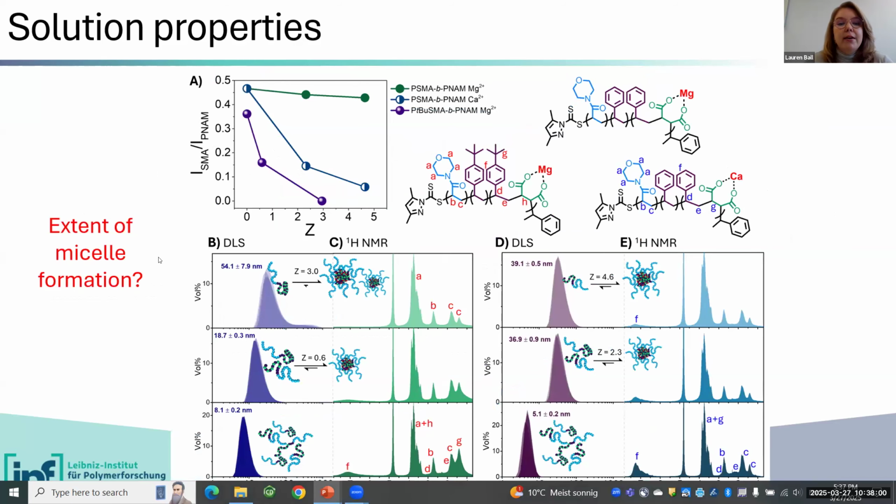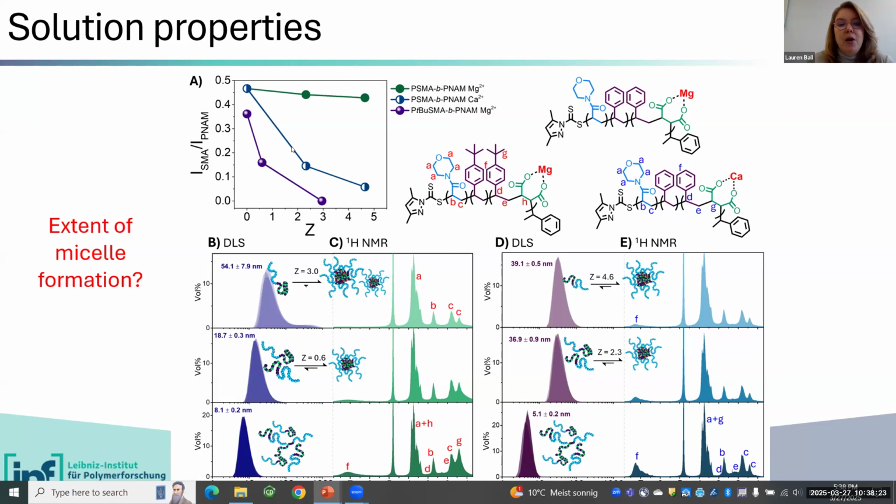To characterize the extent of micelle formation in a little more detail, we did some DLS and NMR analysis, where we showed that for our SMA acrylomorpholine block copolymer, we had barely any micelle formation up to very high Z ratios, which corresponds to very high magnesium concentrations up to 200 millimolar.